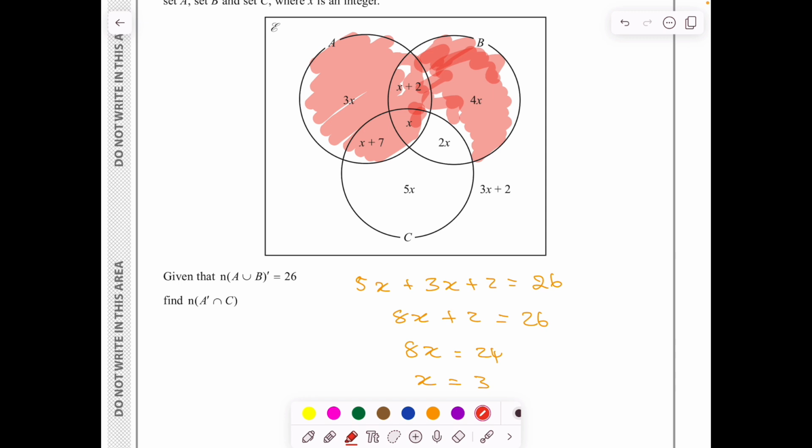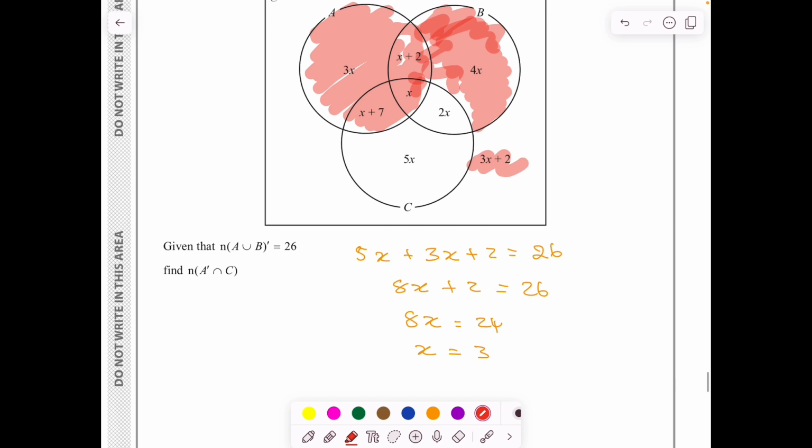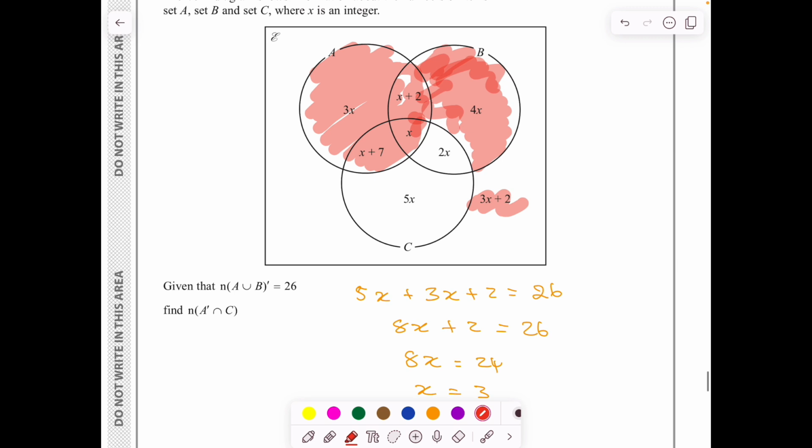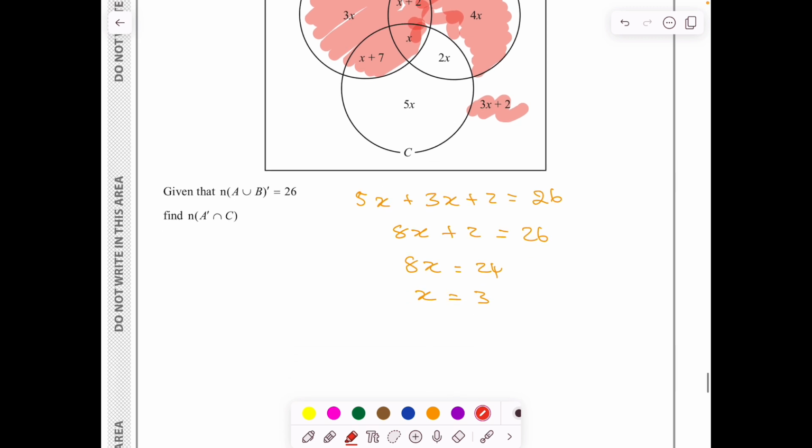Because I don't want the outside. Okay, so what's left is this bit, that's C only.